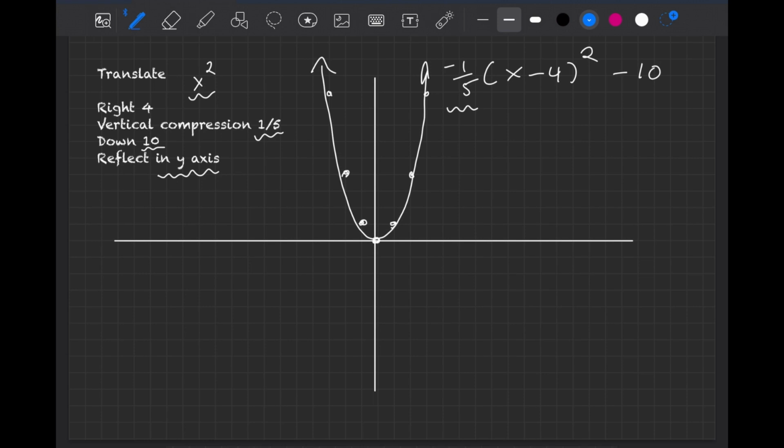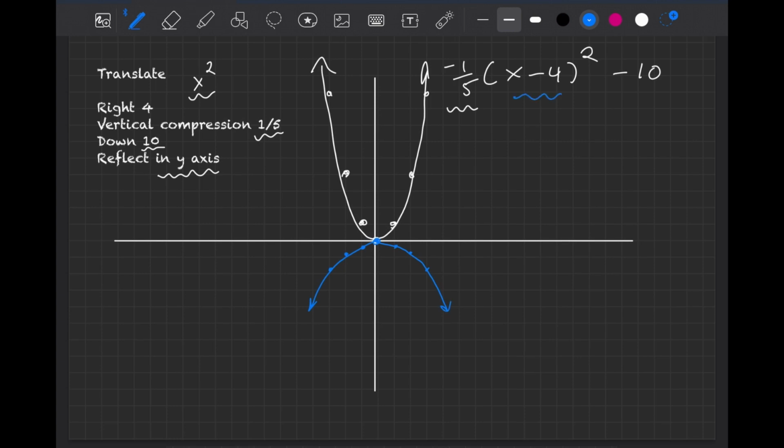That means 0, 0 stays the same because that's not affected, so our origin is there. Then all of the points basically get divided by 2. So that's going to be like 4, 8, and then 9 is going to be roughly around 2, and so on. So it's going to be a very narrow quadratic, roughly like that.